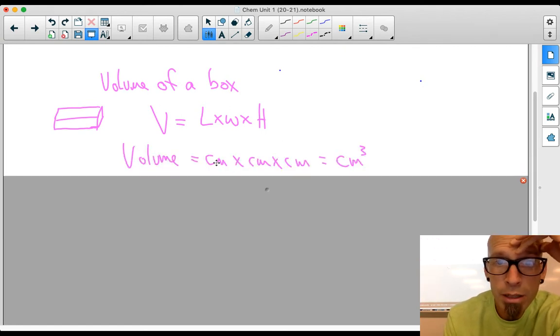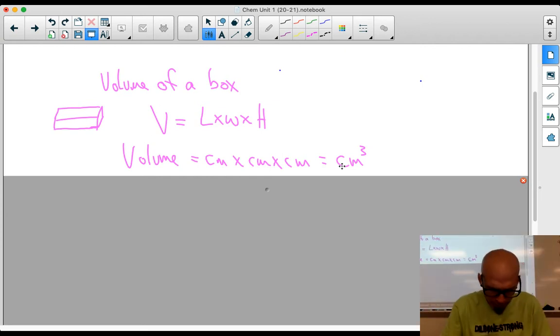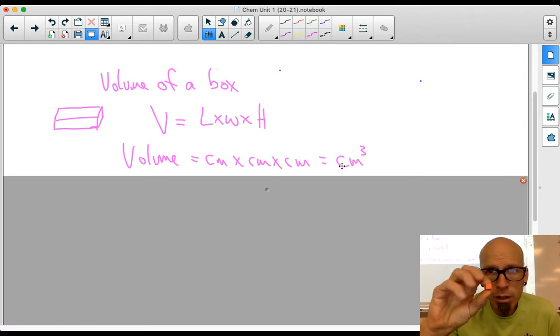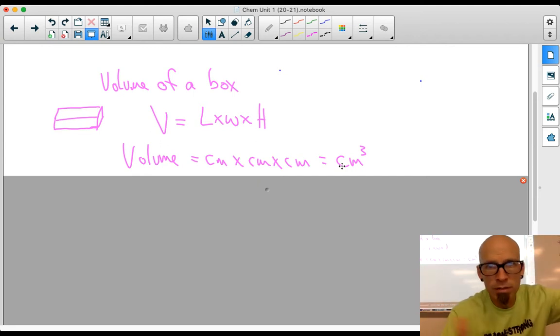That means it's centimeters times centimeters times centimeters, which we call centimeters cubed, a cubic centimeter, which is about this big. That is 1 centimeter by 1 centimeter by 1 centimeter. That's a cube, 1 cubic centimeter. So we'll be measuring dimensions of these containers with a ruler.